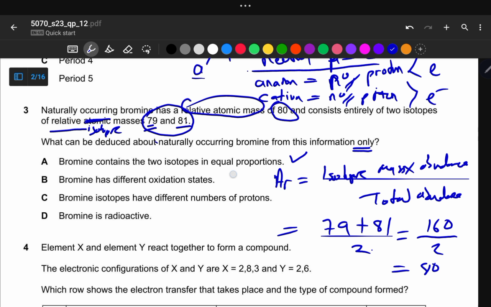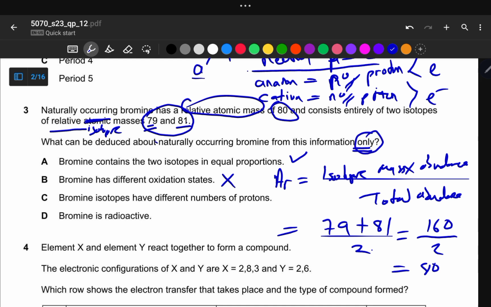And then we move on to option B, which says bromine has different oxidation states. So from this given information, we cannot deduce the oxidation state because we are never told anything about the electrons, right? So we can't tell oxidation state without mentioning electrons, right? So this becomes false because we are sticking to this condition only, right?